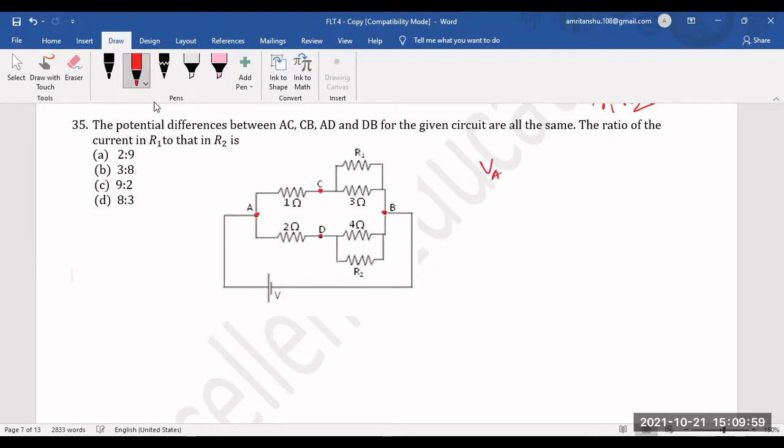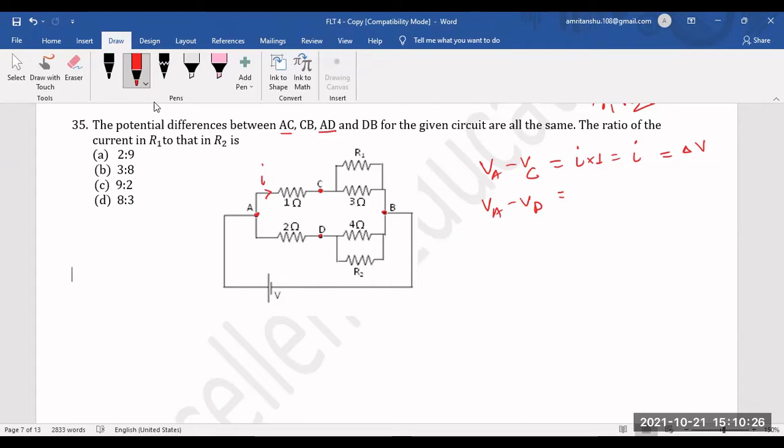That means VA minus VC is equal to, let's say if some current I is flowing here, I into 1, that is I. Correct. Now, when I say VA minus VD, that's also delta V. So this should also be I, because VA minus VC is the same as VA minus VD, it is given in the question.